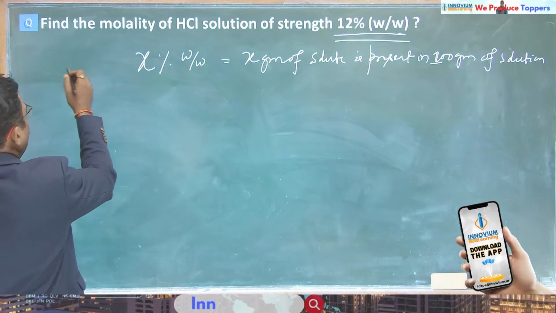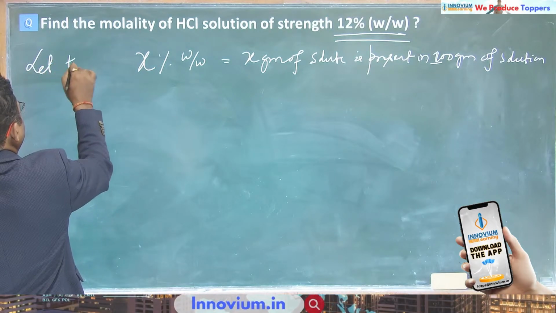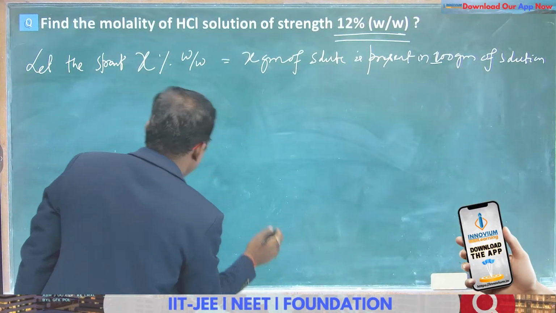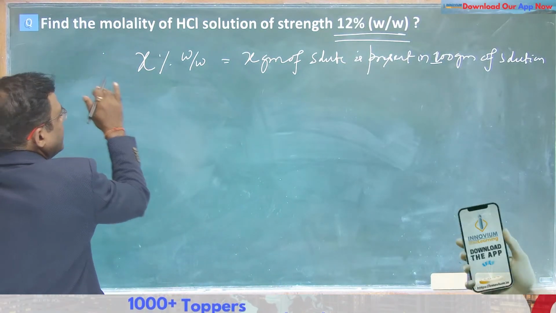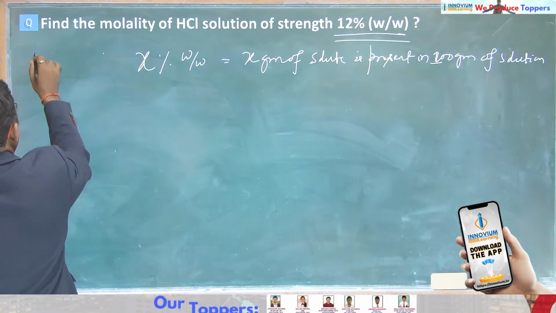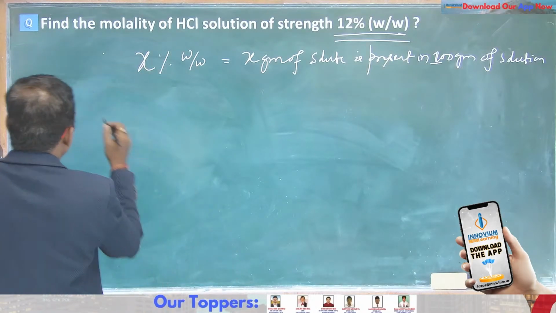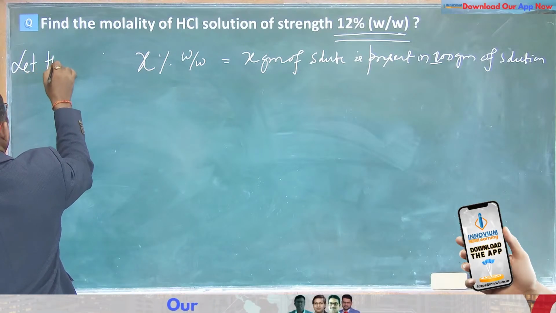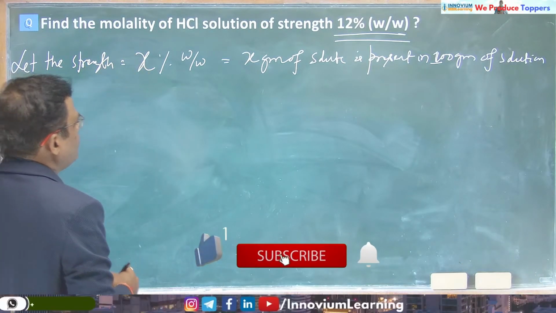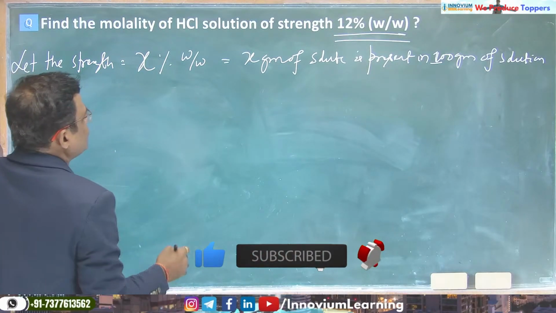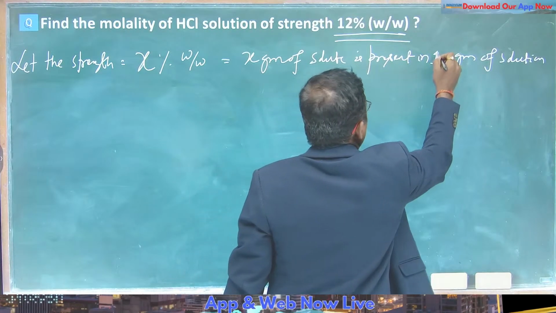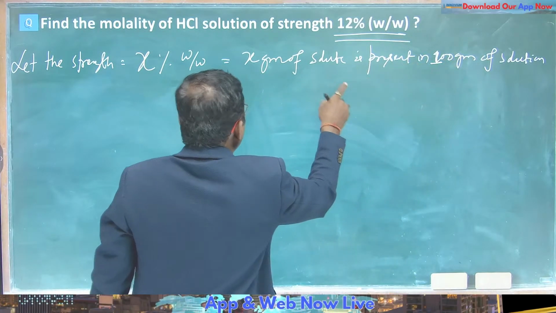Okay, so let the strength be equal to X% W by W.